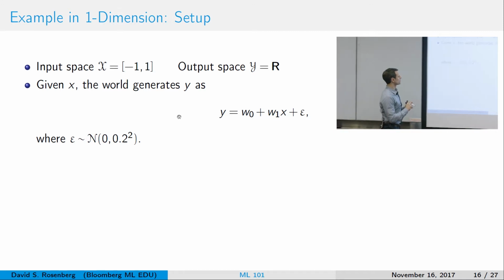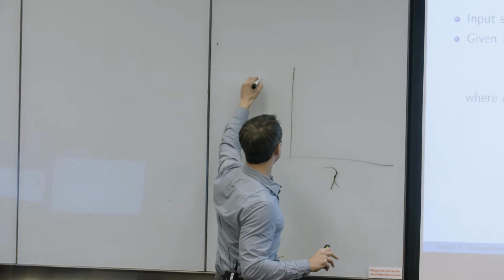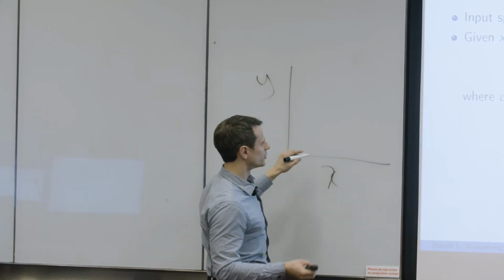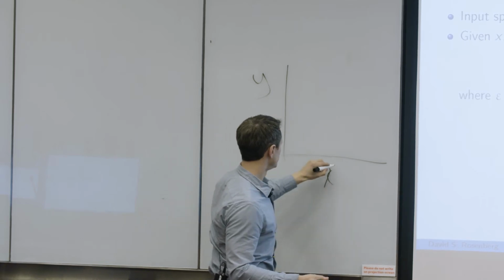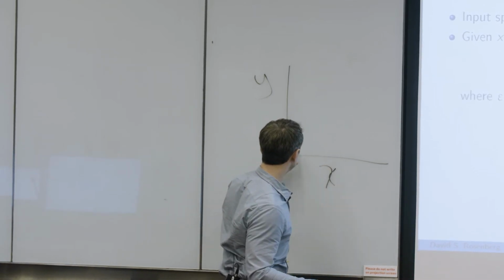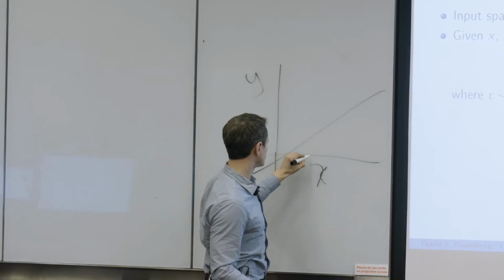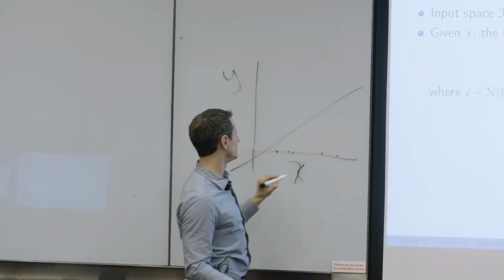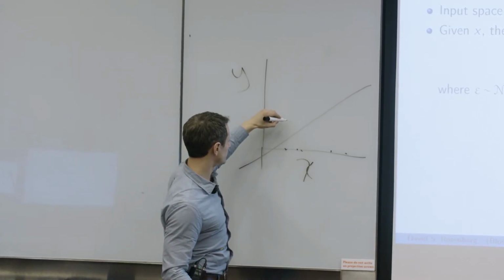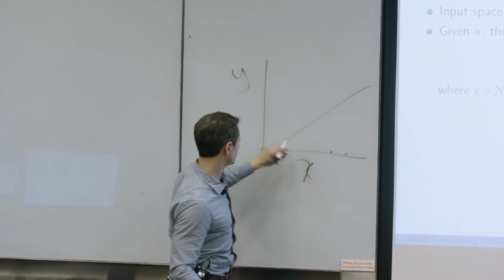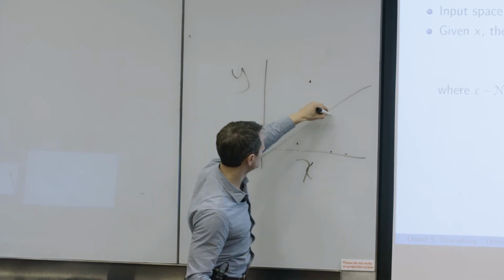All right? So here's x, here's y. There's some true w0 and w1 that we don't know, but let's suppose it could look like this. And somehow someone chooses some x's for us, or we choose them ourselves, or they're random. It doesn't matter. And then the world generates these sample points y1, y2, y3, y4, y5.